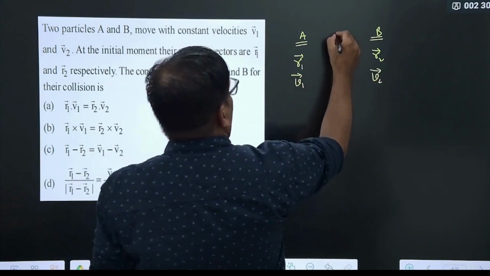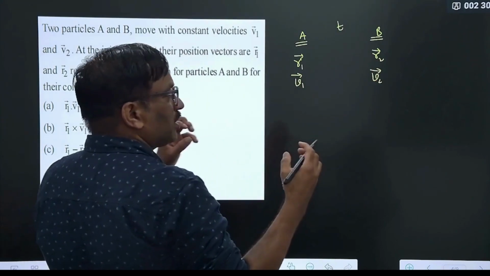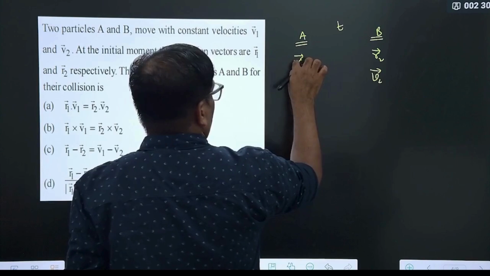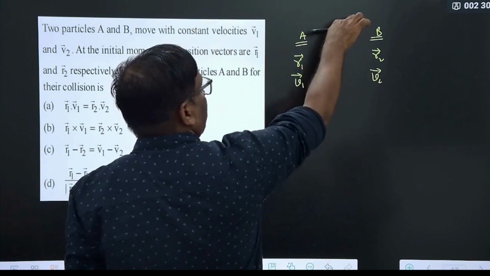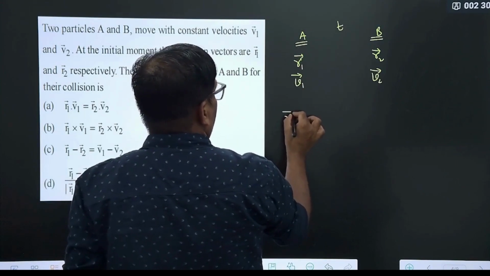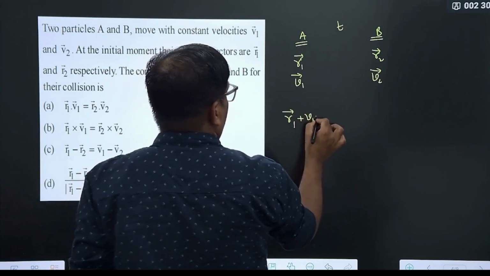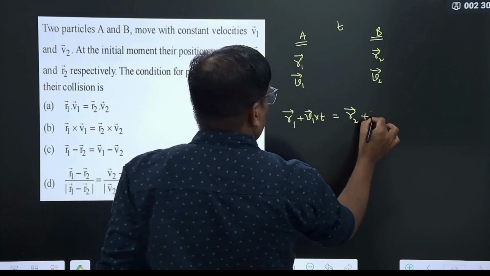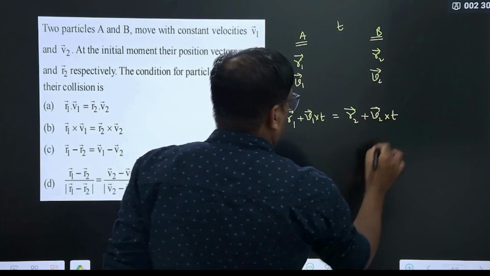So after some time t, they are going to collide. Collide means the position will be the same. Initial position is there, so with velocity, after some time we can write the position of this one as r1 vector plus v1 into t, which should be equal to r2 vector plus v2 into t. Understood?